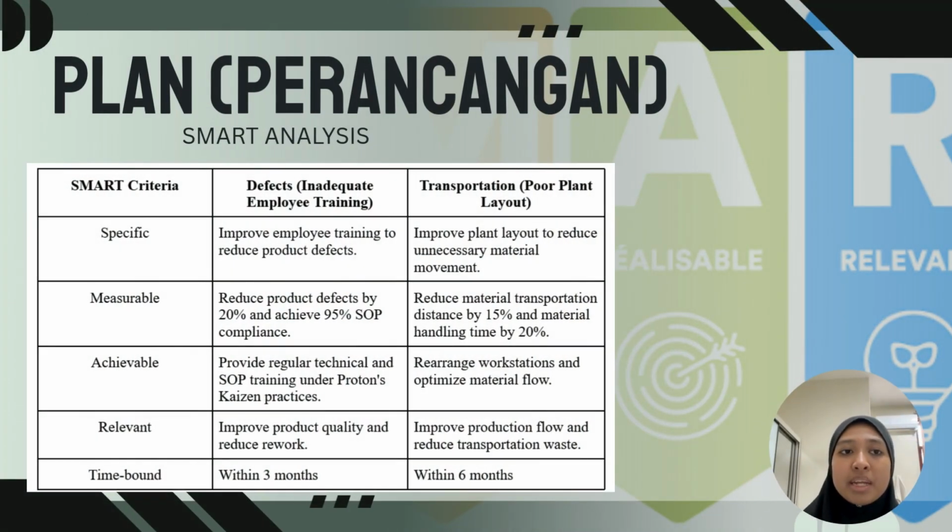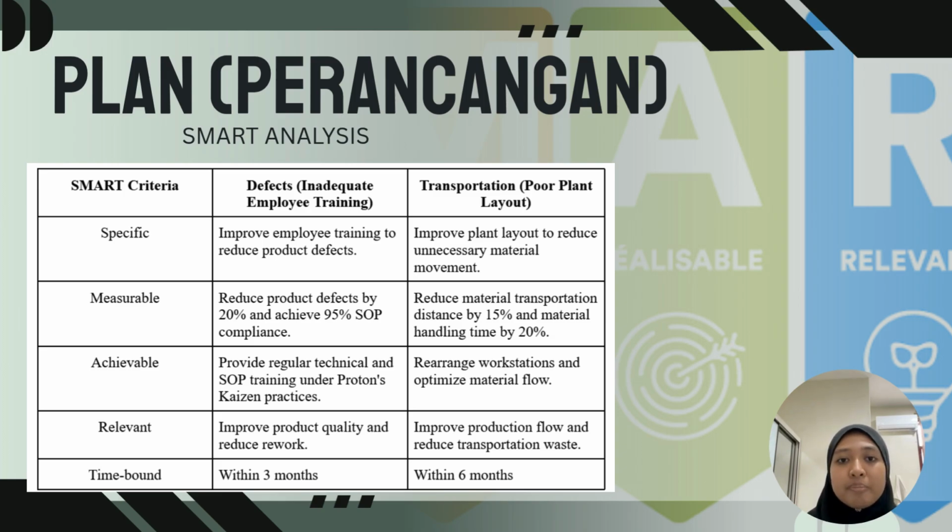Next, we have the SMART analysis. Based on the root cause analysis, we develop SMART operational improvement targets for the two critical operational issues. For defects, the specific objective is to improve employee training to reduce product defects. The target is to reduce defects by 20% while achieving 95% SOP compliance. This can be achieved through regular technical and SOP training under Proton's Kaizen practices, with the goal of improving product quality and reducing rework within 3 months.